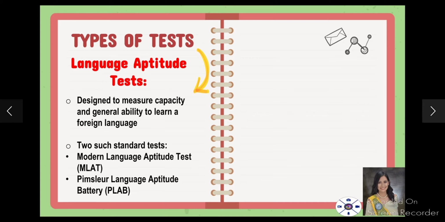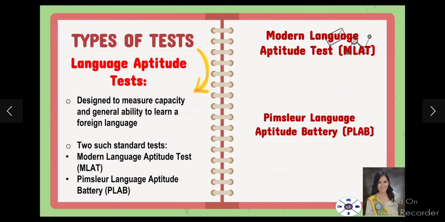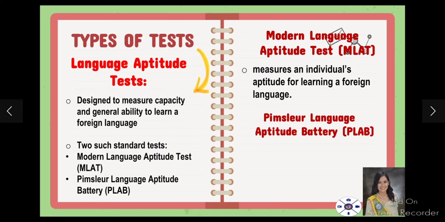So, let us have the Modern Language Aptitude Test, which is used to measure an individual's aptitude for learning a foreign language. In MLAT, language learning aptitude does not refer to whether or not an individual can or cannot learn a foreign language.